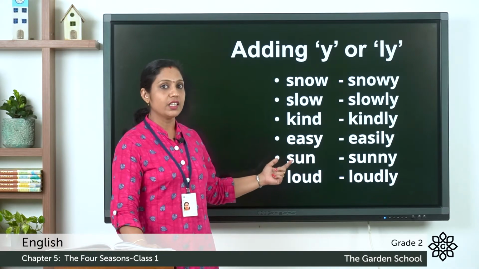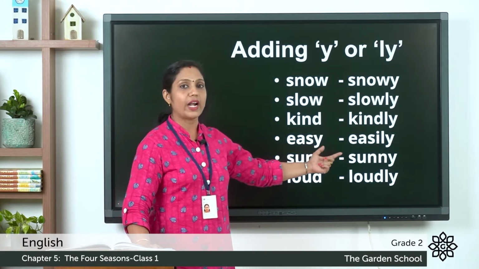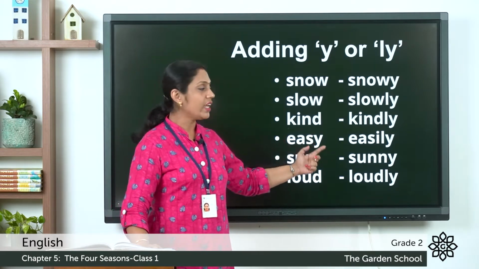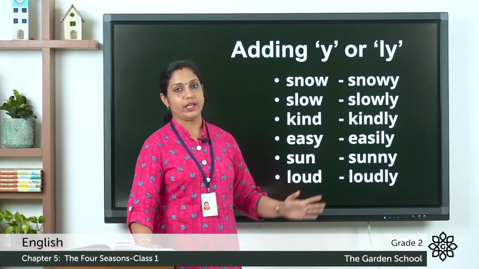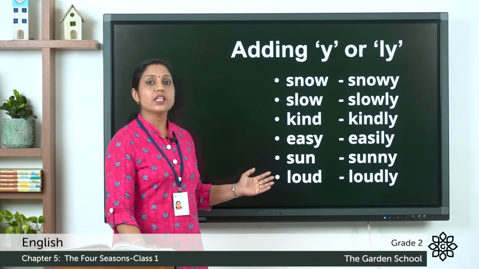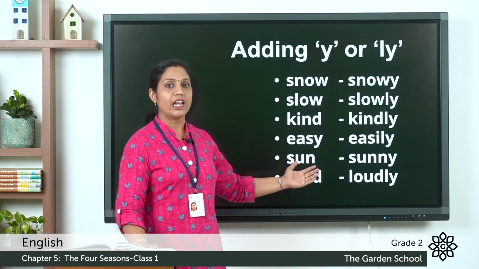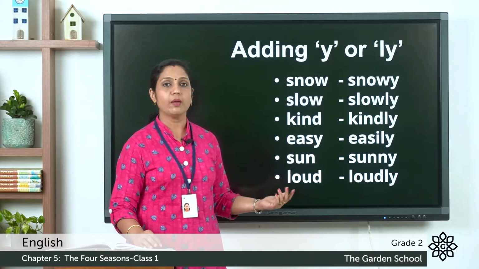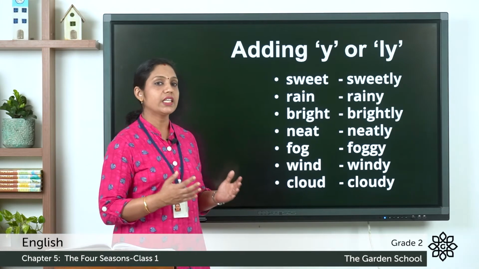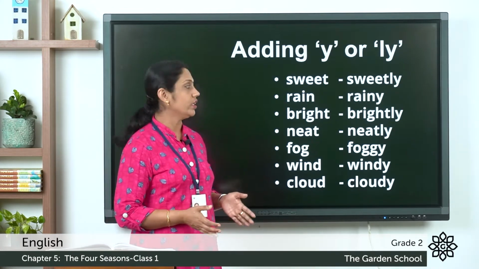And you notice here that the word sunny has one more N. See, S-U-N is sun and when it became sunny, S-U-N-N-Y. We added one more N to the word sun. Loud is loudly. So we added L-Y to the word loud and it became loudly. Sweet became sweetly. We added L-Y to the word.